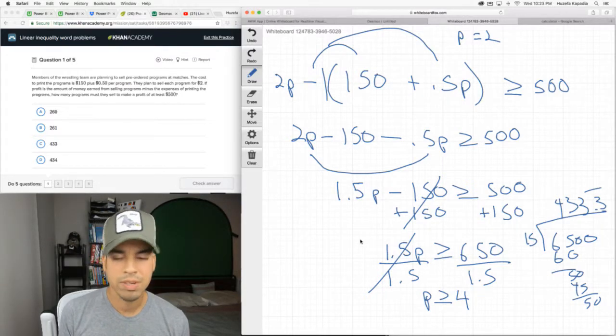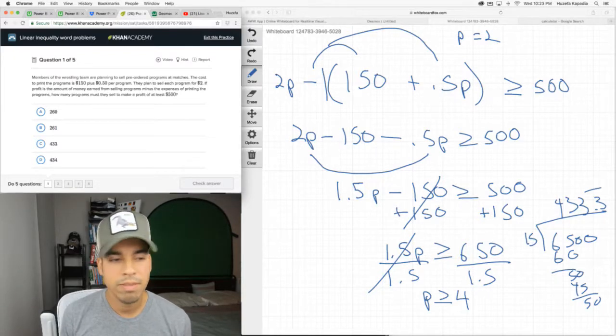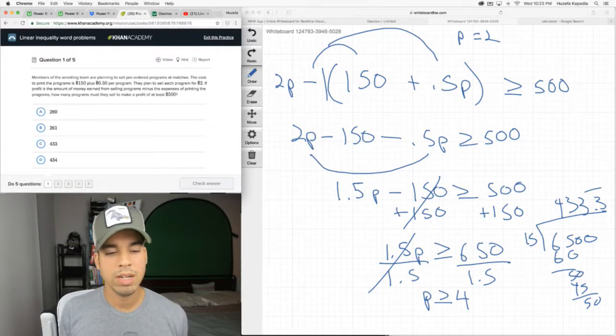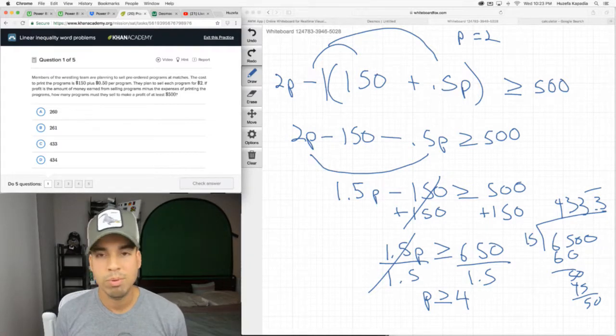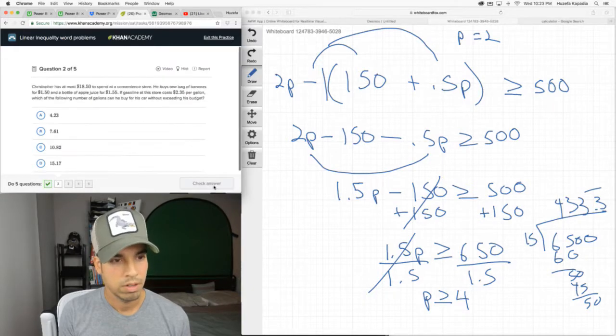So in order to make a profit, now they have an interesting thing. They have 433 and 434. To make a profit of 500, 433 is too small. It won't cut it. We said we have to be at least 433.3. So if we're going for a whole number, they need to sell 434. And that is the answer.